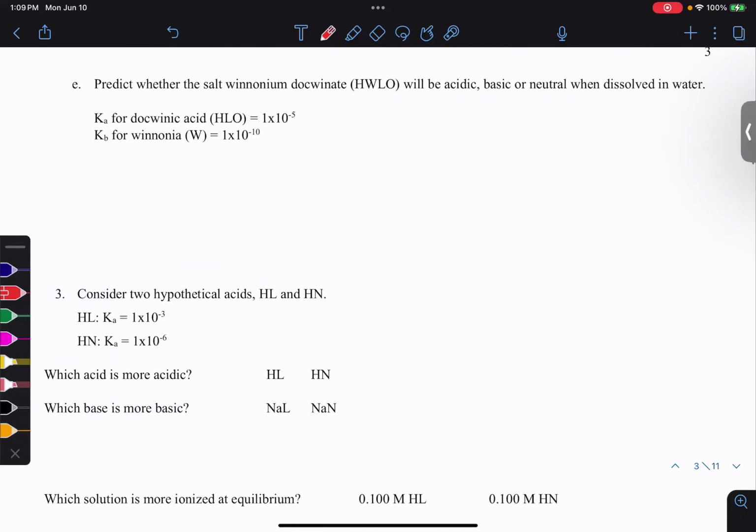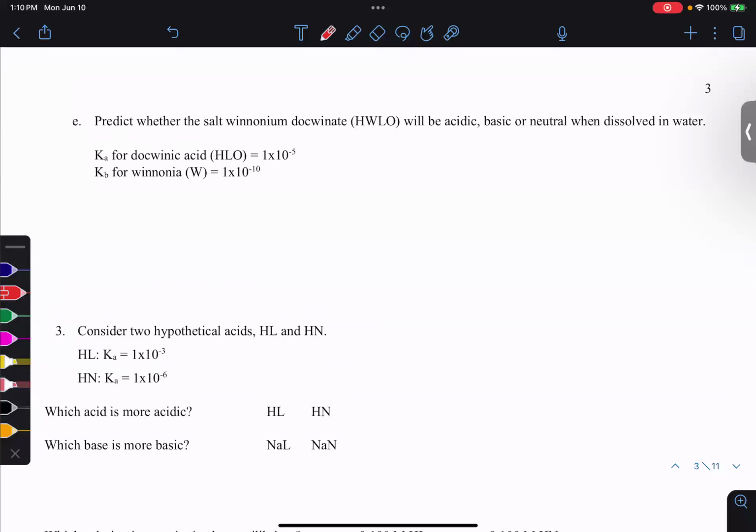So given this information, I give you a Ka for docwinic acid and a Kb for winonia. Tell me, is the salt, winonium docwinate, acidic, basic, or neutral when you dissolve it in water? The conjugate of a weak acid is a weak base. The conjugate of a weak base is a weak acid.